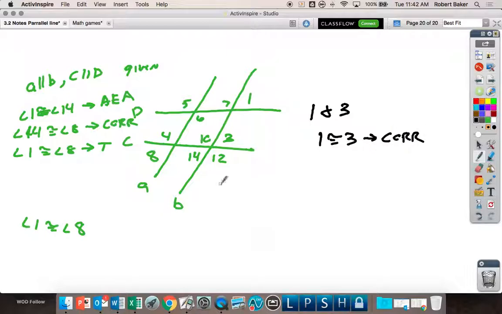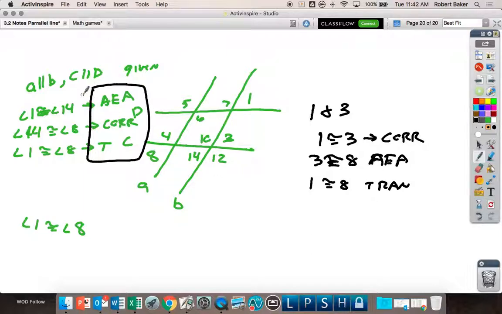And then connect these two. 3 is congruent to 8. Alternate exterior angles. And then the same thing, 1 is congruent to 8 by the transitive property. So I'm asking you guys to use stuff that we're talking about right now. Alternate interior, alternate exterior. You don't have to do linear pairs, supplementary, all that kind of nonsense. Okay?